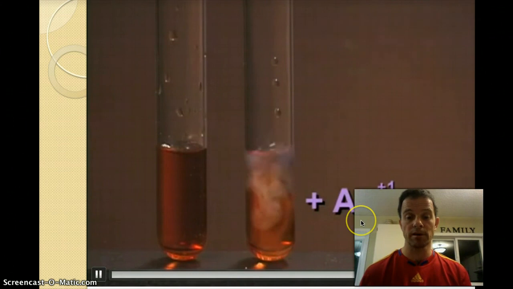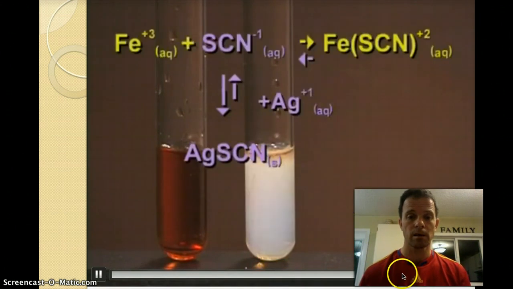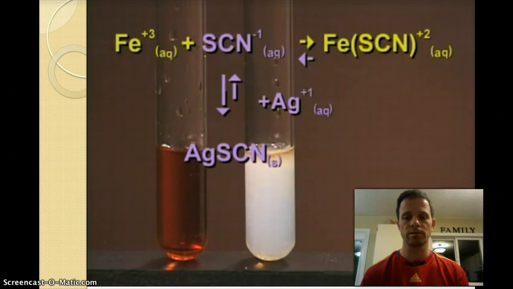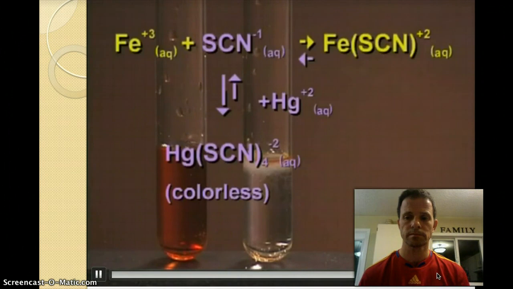Finally, we're adding some silver, and we see a white precipitate form. And again, this white precipitate is reacting with the SCN negative, forming a solid, removing SCN negative. So again, we're going to be shifting towards the reactant side. Mercury again, removing SCN negative.